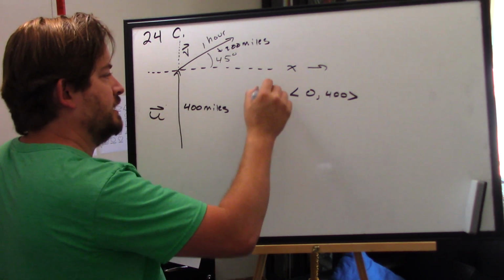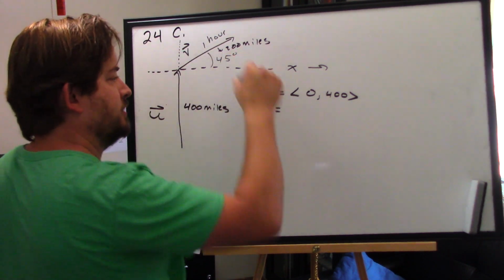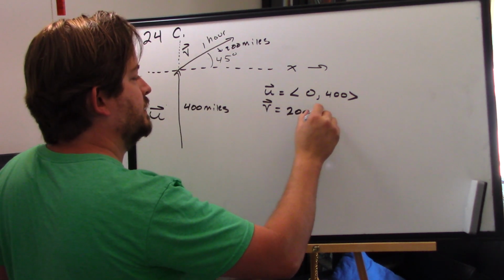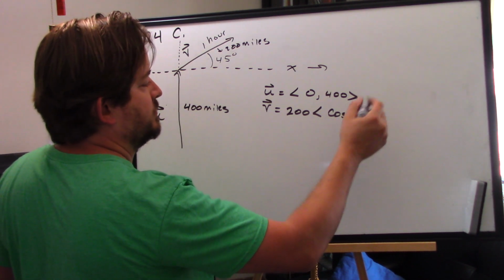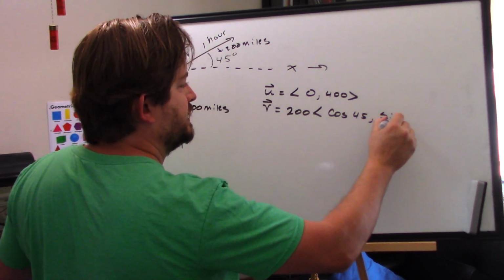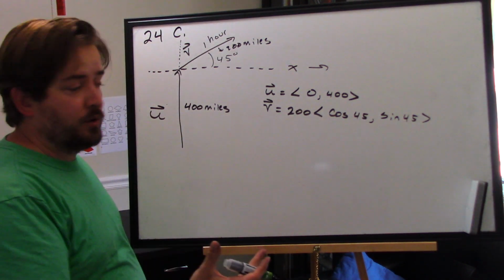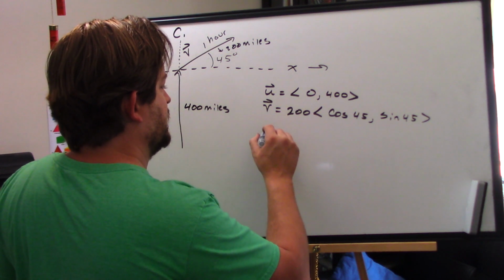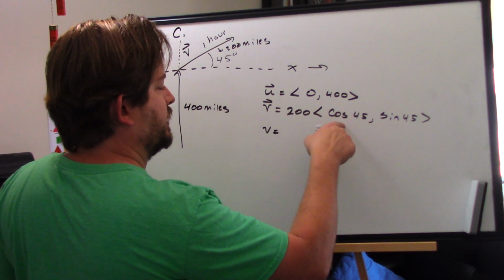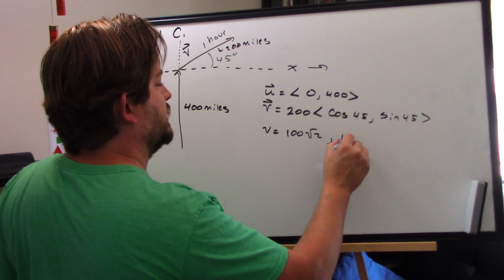And then vector v has a magnitude of 200. And then I can say that it's just the cosine of 45 comma the sine of 45 degrees. Cosine and sine at 45 degrees are both root 2 over 2, so this vector v is going to be 200 times root 2 over 2 is 100 root 2, 100 root 2.